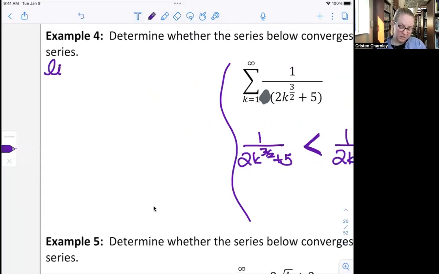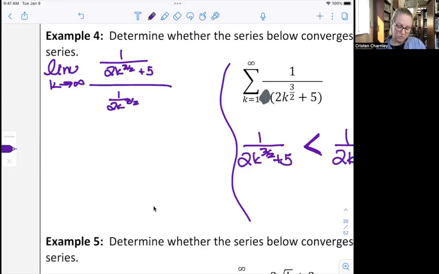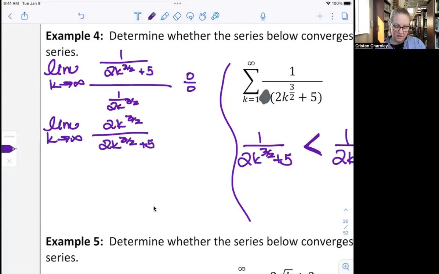So you say the limit as k approaches infinity of 1 over (2k^(3/2) plus 5), over 1 over 2k^(3/2). We know that this would be 0 over 0. So I'm going to multiply by the reciprocal instead of going to L'Hopital. So as k approaches infinity, this is 2k^(3/2) over 2k^(3/2) plus 5. This is infinity over infinity. This is where L'Hopital would be appropriate. We'd find the derivatives of the k's.